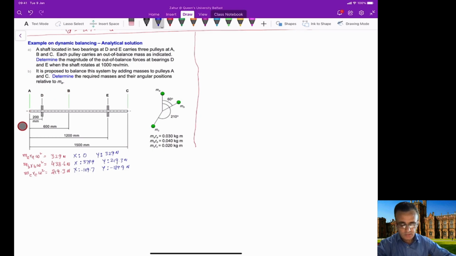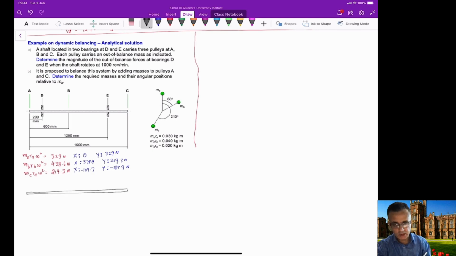Now, already we have masses at A and C, which are out of balance masses. In addition to these out of balance masses, we will also add balancing masses to locations A and C. If you try to draw the free body diagram of this case, it should look like this.